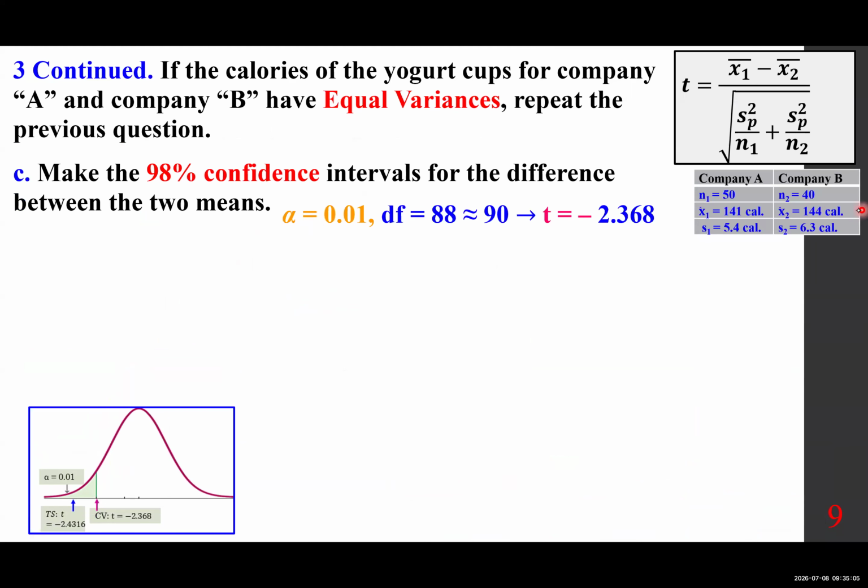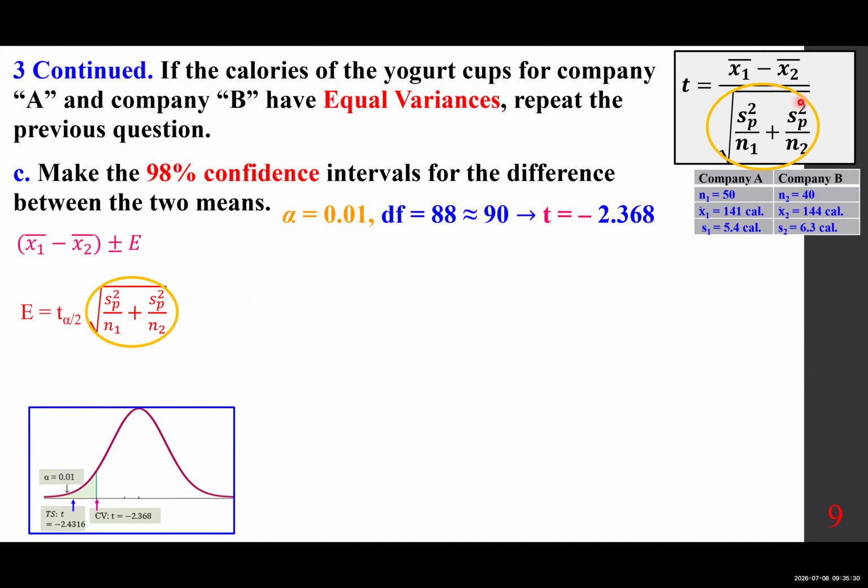So x1 bar minus x2 bar plus or minus E. And E is t alpha over 2 times the square root of s p squared over n1 plus s p squared over n2.